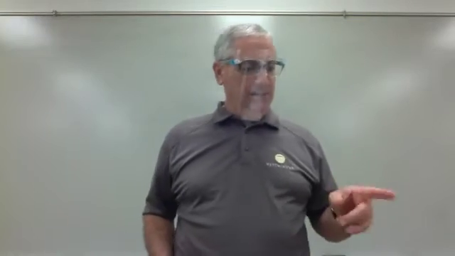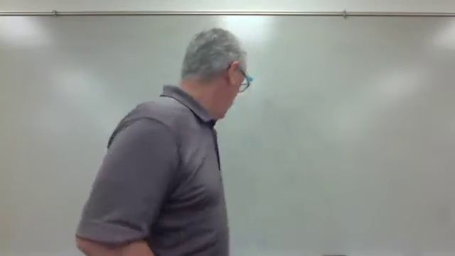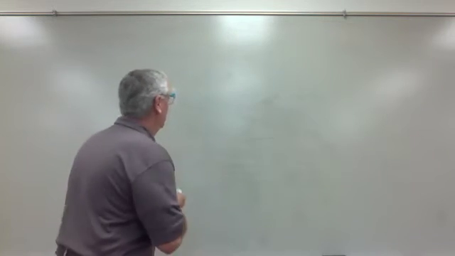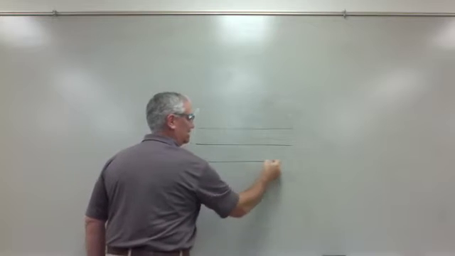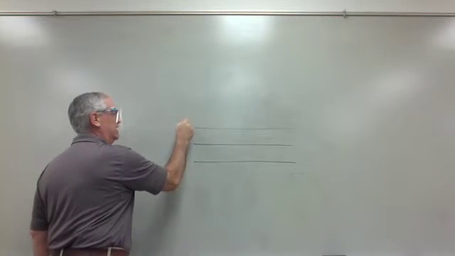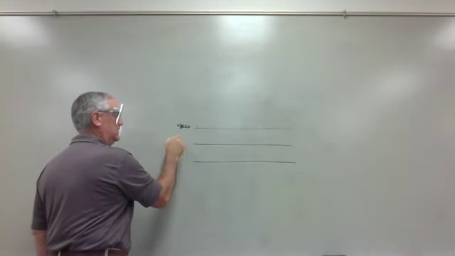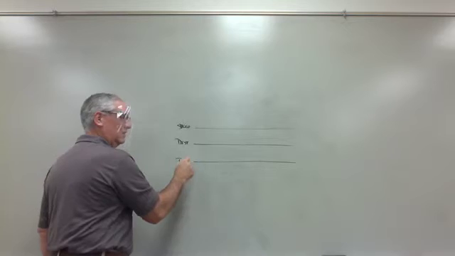If we pick up where we left off yesterday, we had these three lines: this is the speed line, this is the distance line, and this is the time line.